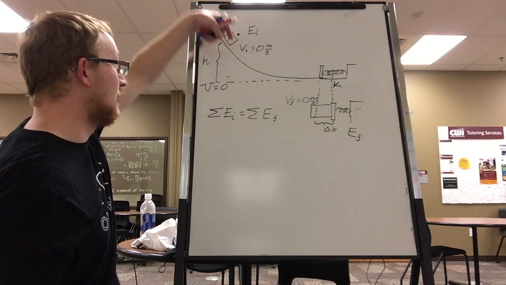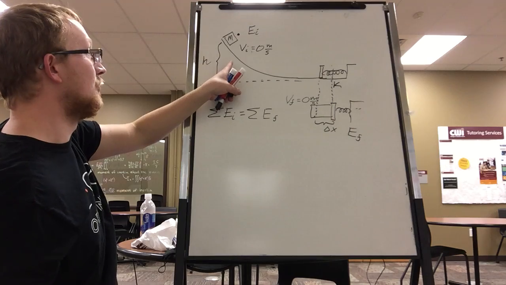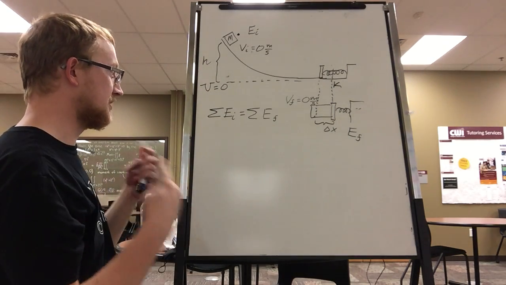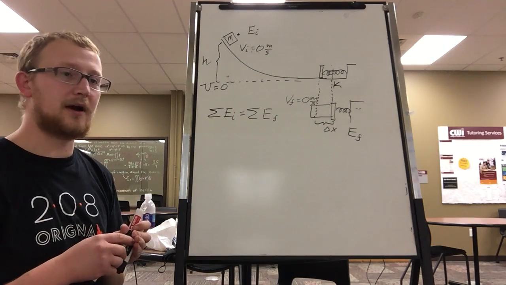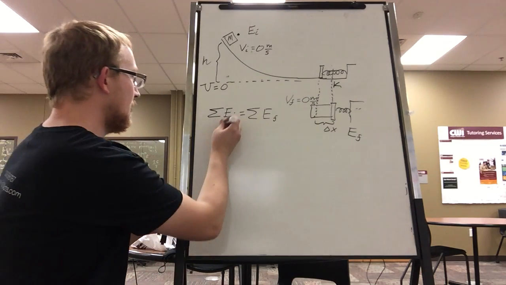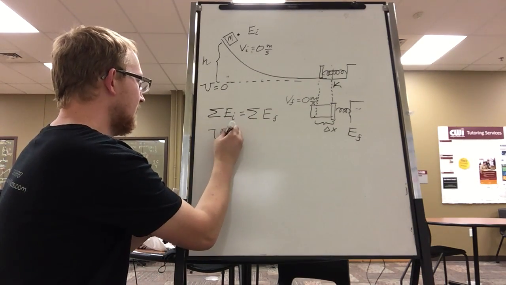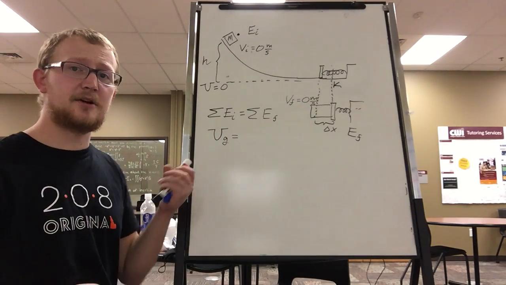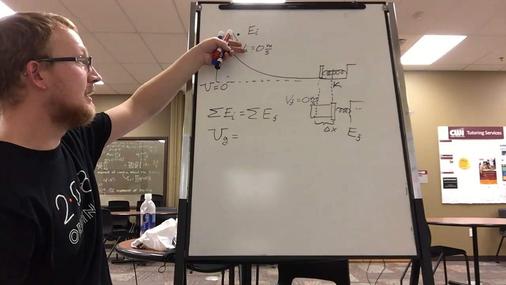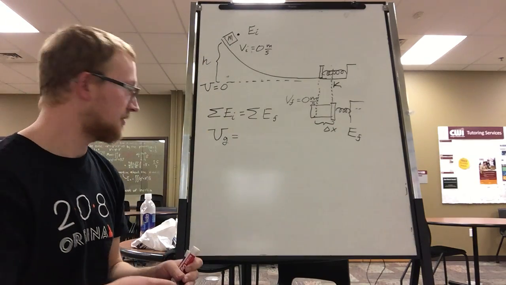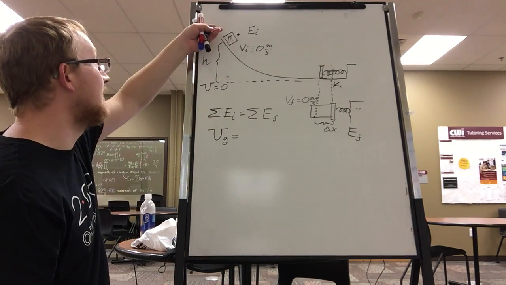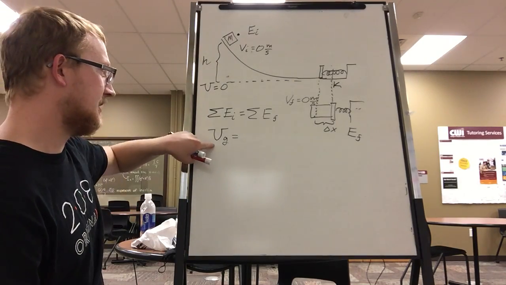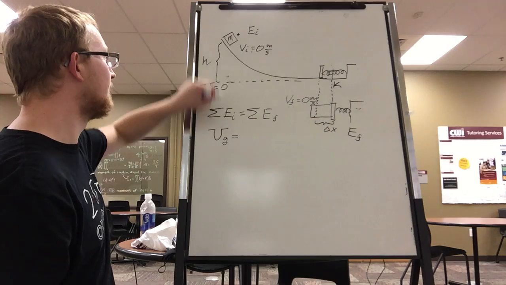Because remember, gravity only acts in this direction, so the vertical displacement is going to be responsible for our gravitational potential. So for the initial energy, we definitely have gravitational potential energy. And because I said it starts at rest, we don't have any initial kinetic energy. We definitely don't have any other kind of energy but gravitational potential here. So this is all the energy we get to start with.